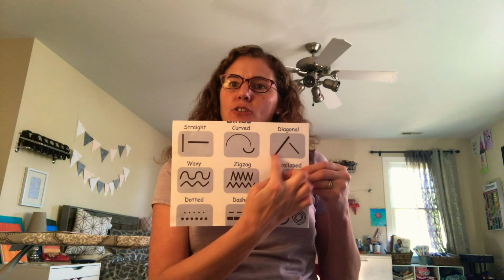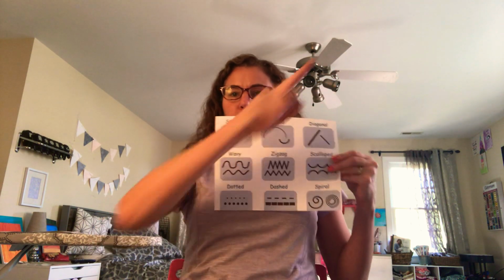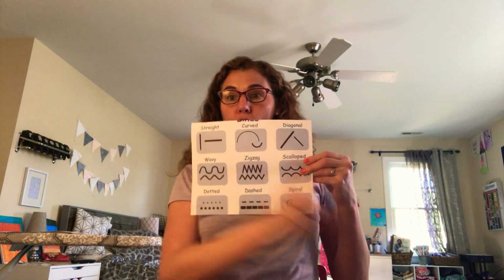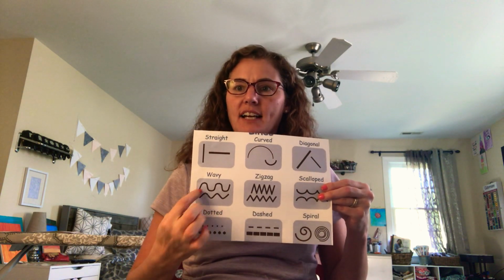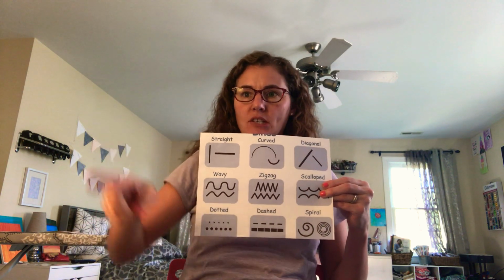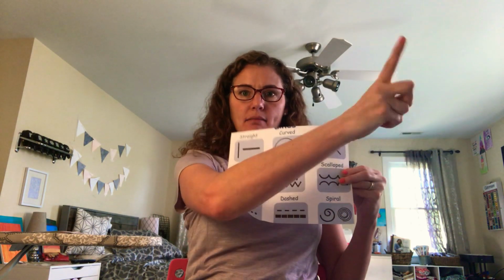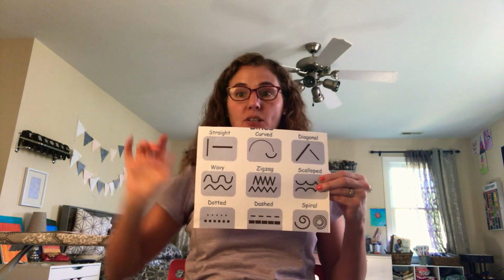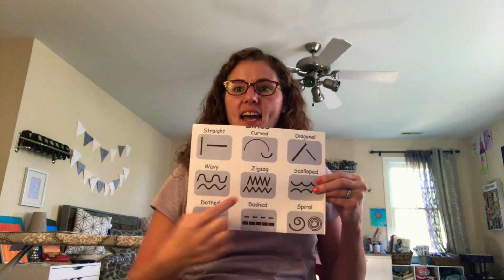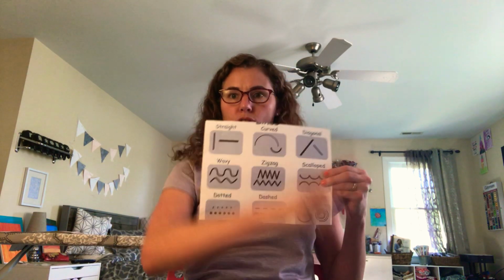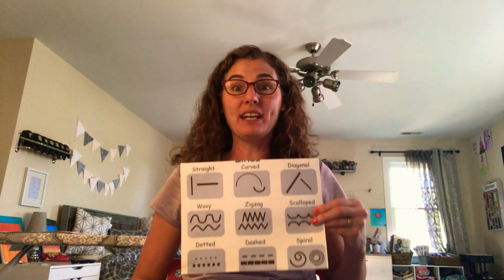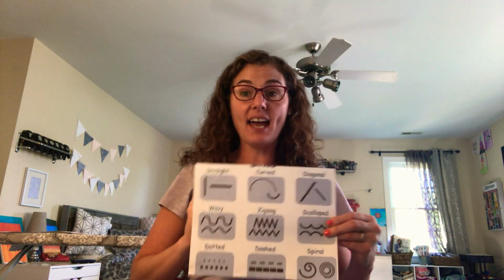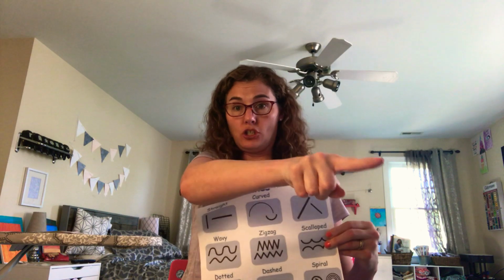Diagonal line goes across, or a wavy line up and down, like this. That's a wavy line. Zigzag, or how about a diagonal zigzag line?